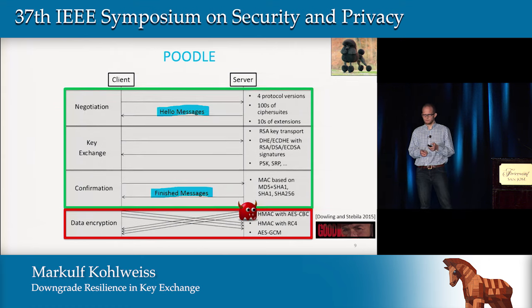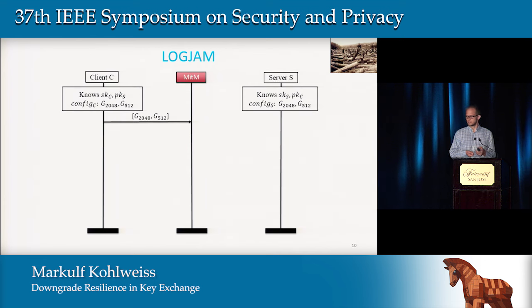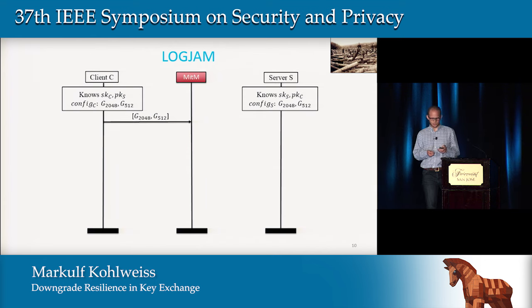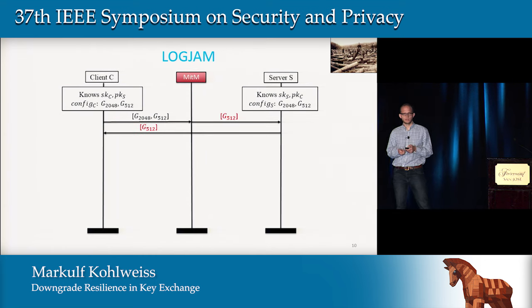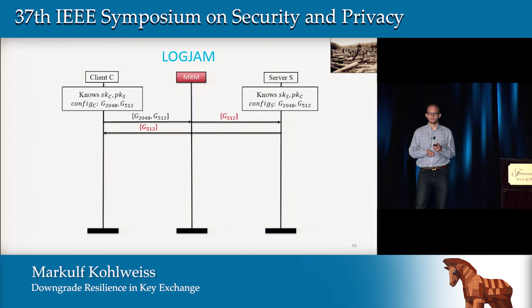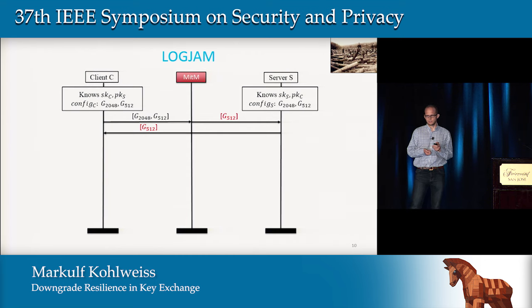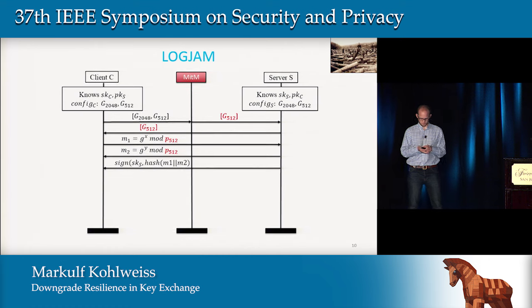But what about the following attack that is reminiscent of Logjam? The client proposes his preferred group, a strong group, but also a weak group. The active man-in-the-middle attacker makes the server fall back to the weak group. And now they do a standard signed Diffie-Hellman in which the server signs the key shares.